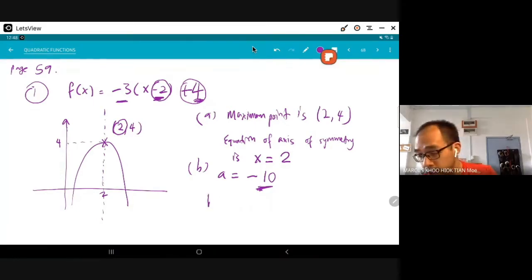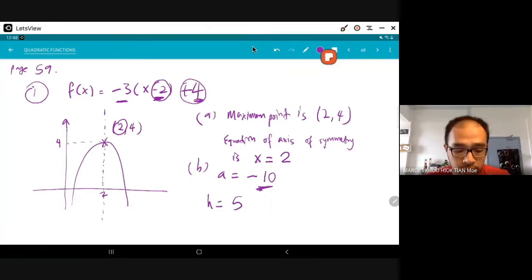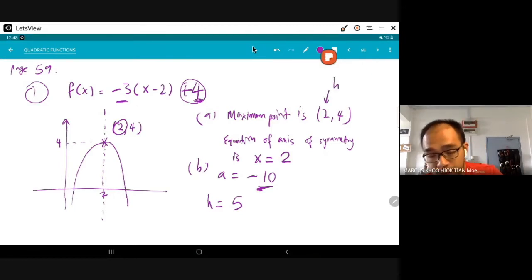H changes to 5. Currently our H is at 2, sorry. But what happens if our H changes to 5? Remember, the value of H will affect whether our graph goes to the right or to the left.